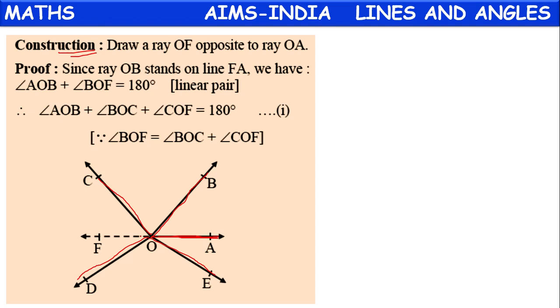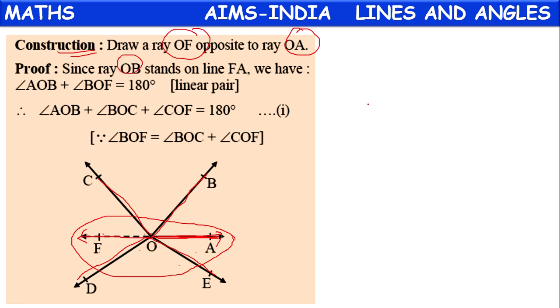Let's construct one ray exactly opposite to OA such that FOA will be on a straight line. Draw ray OF opposite to ray OA. That is our construction.